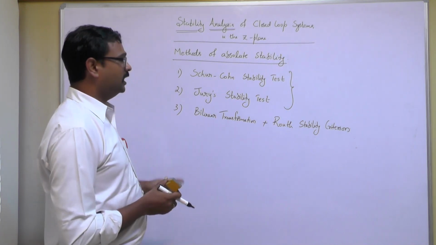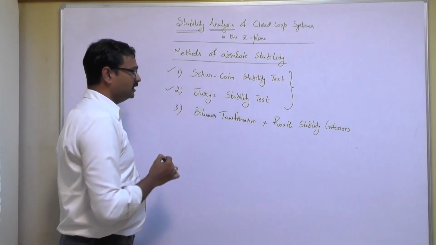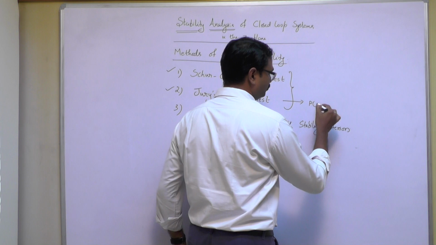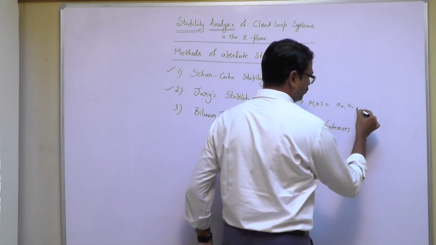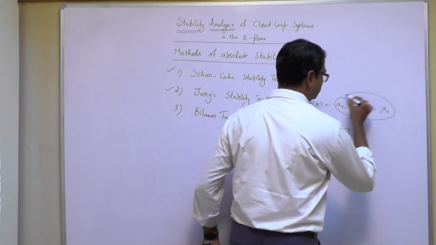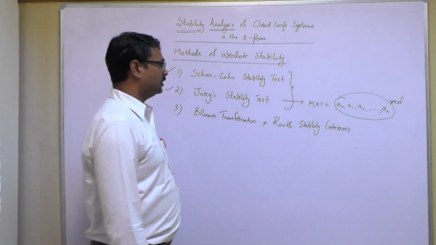So, most importantly, what is the difference between these two tests? In the Jury stability test, the polynomial P of z has all the coefficients a0, a1, a2, and so on up to an, real in nature.